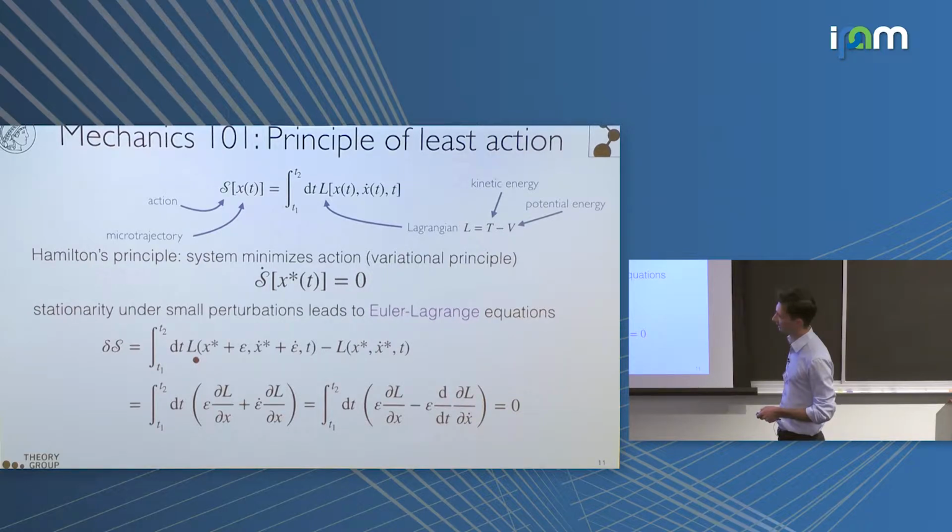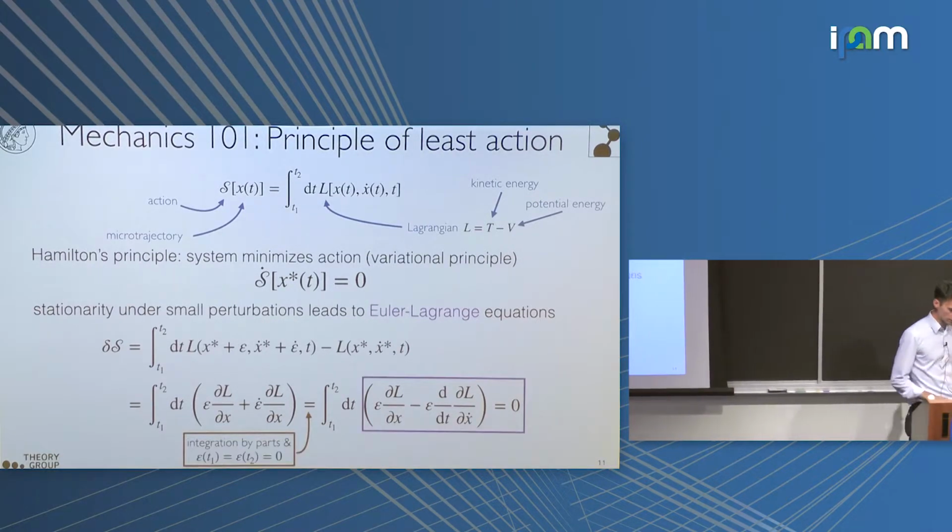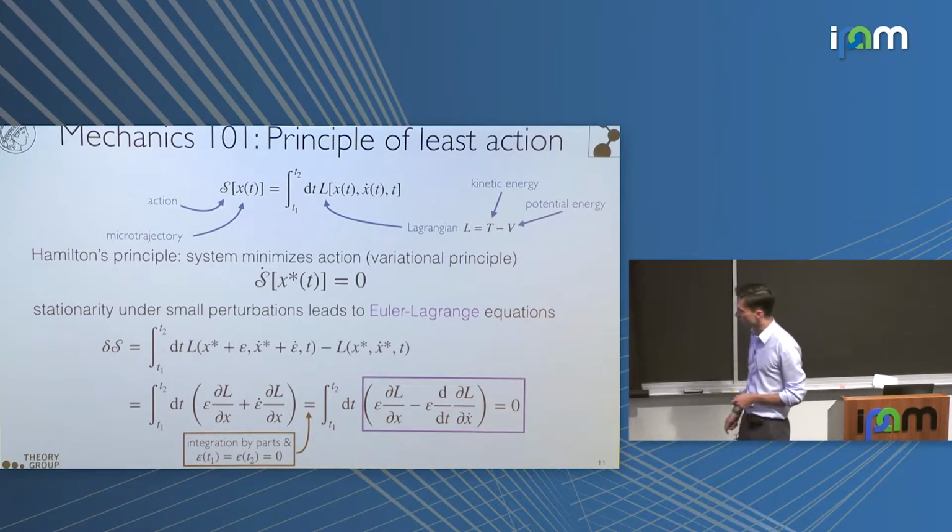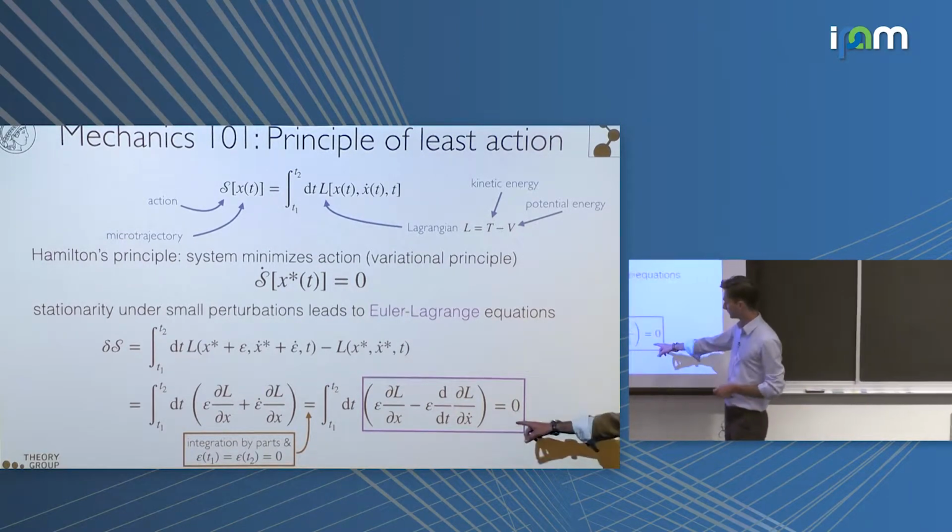So I'm going to have the difference between the Lagrangian with the perturbation and the original Lagrangian, which minimizes the action. If I compute this, I will get these partial derivatives, and with simple algebra, if you do integration by parts, you get this equation here.